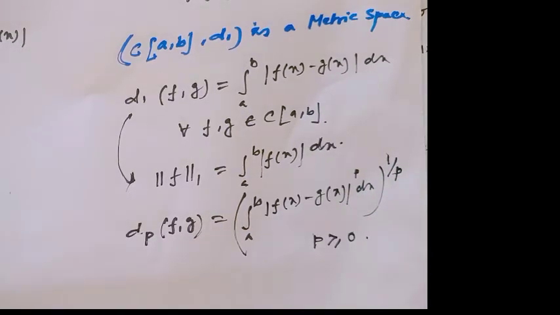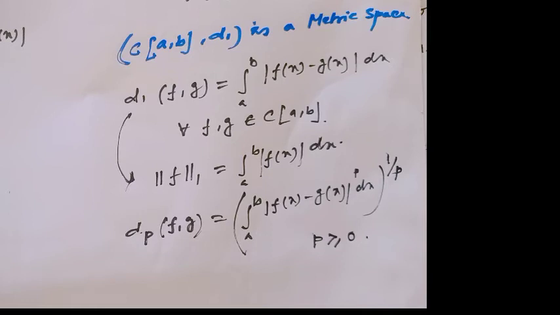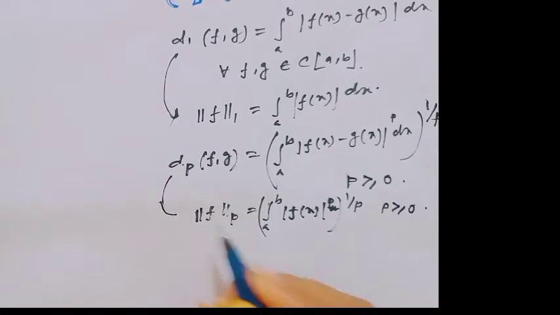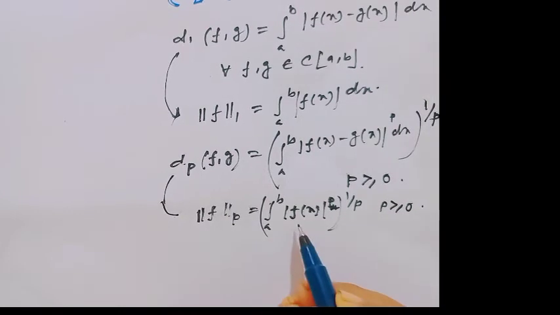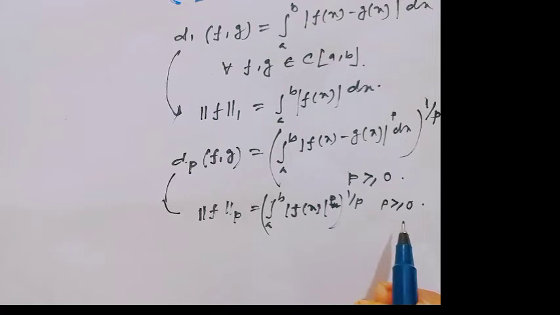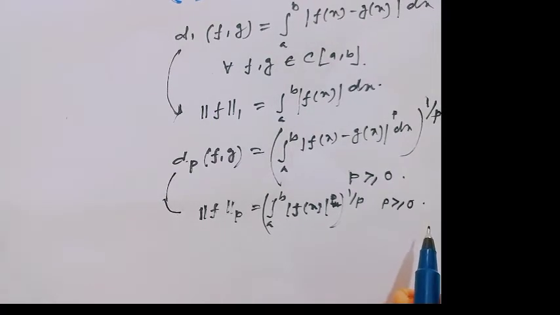This is the dp metric space, which is induced by the norm, the integration from a to b of the absolute value of f(x) to the power p dx, to the power 1 over p.